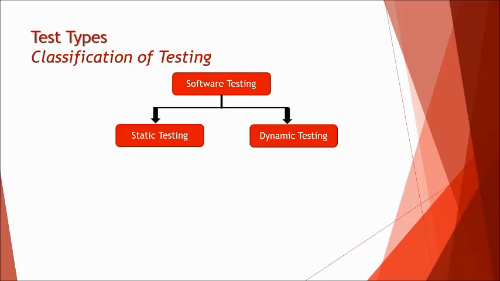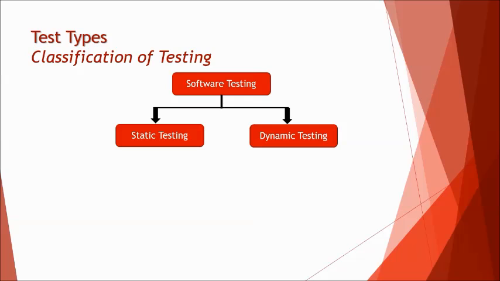On the other side, dynamic testing involves some kind of execution, or I can say it's completely execution based, where you have certain code or an application which runs and then you test it.